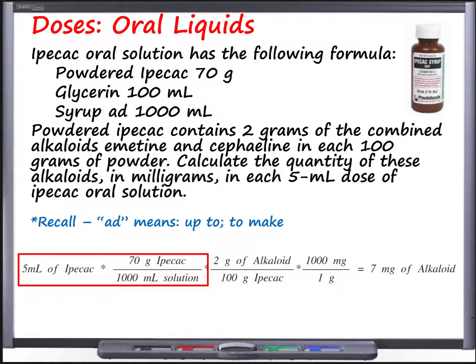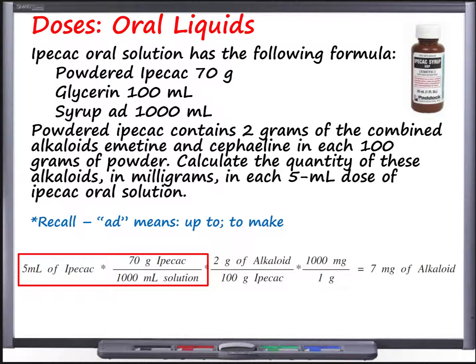You remember back to the question, it said that there are 2 grams of alkaloids, those 2 alkaloids, per every 100 grams of Ipecac powder. So that's why we multiply by 2 grams over 100 grams. But this is where it's important to label your units. It's 2 grams of alkaloid per every 100 grams of Ipecac powder. Okay, the mixture of all the stuff. Now, watch the units.